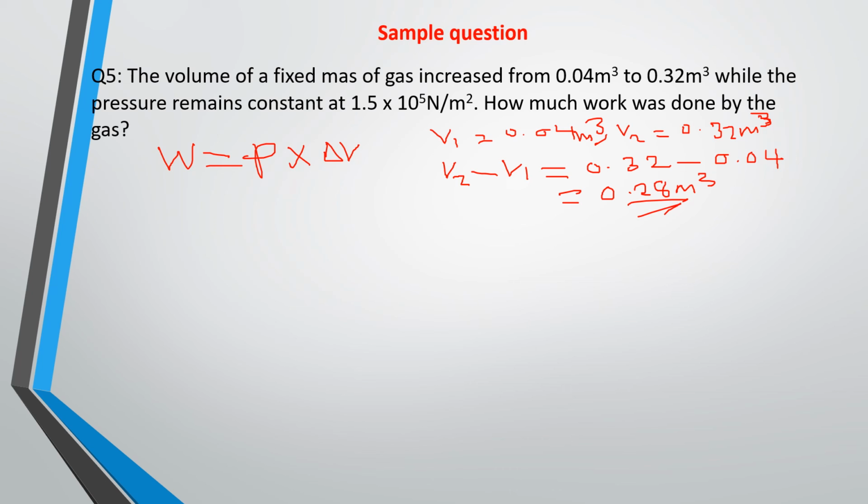So just substitute in this equation: work done by the gas is equal to pressure, which is given as 1.5 times 10 raised to the power 5, multiplied by 0.28.